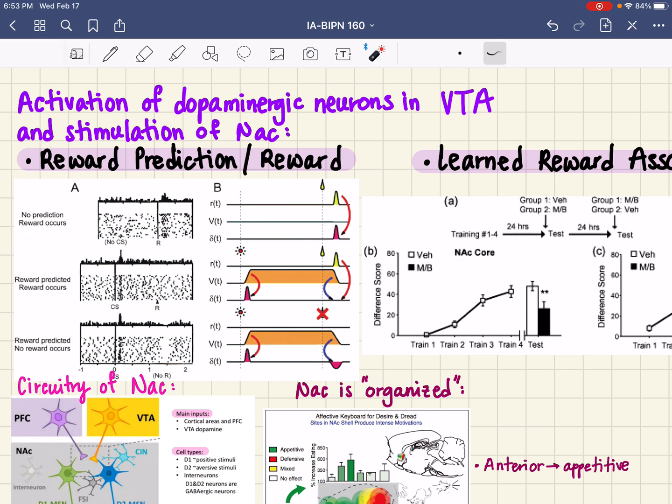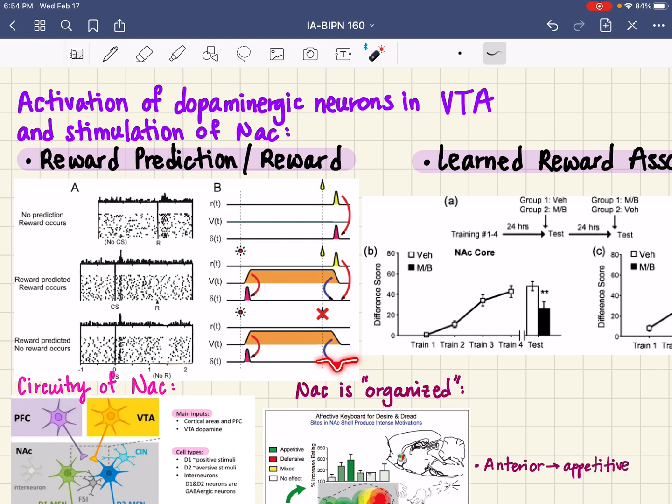And this was further confirmed by the fact that if the researchers kept on giving the light signal to the mouse, however, they stopped giving the mouse the actual reward, then although the VTA would activate over here after the light, when the mouse waited these moments to get the juice, and it never did, these neurons actually became inhibited, right?